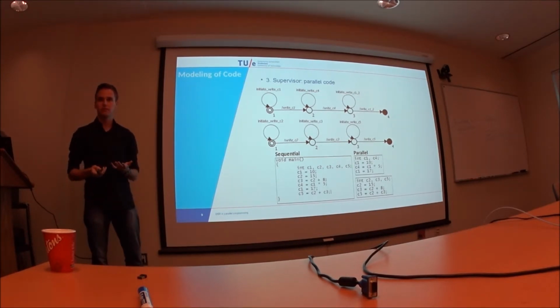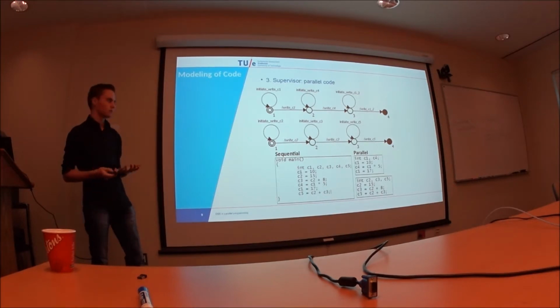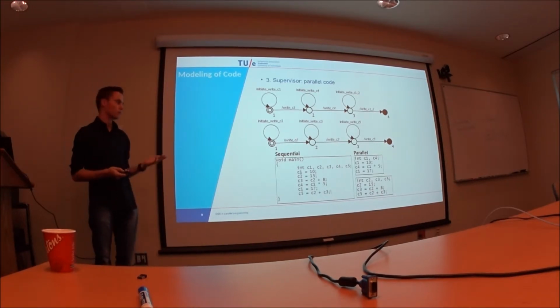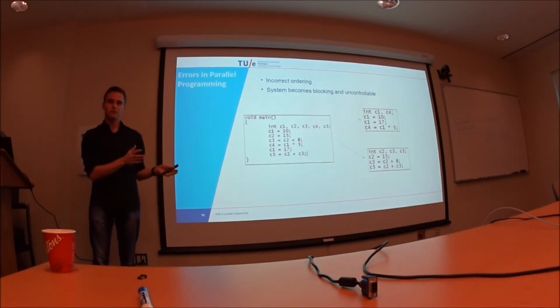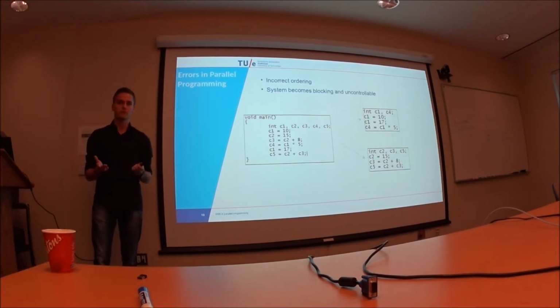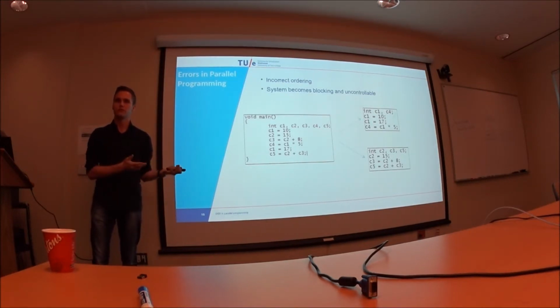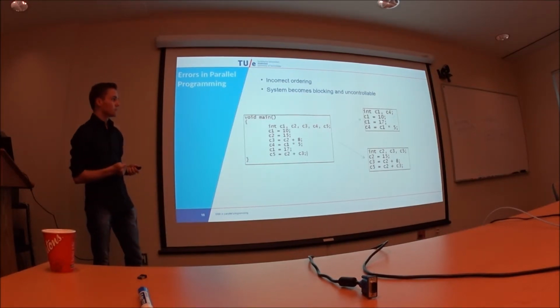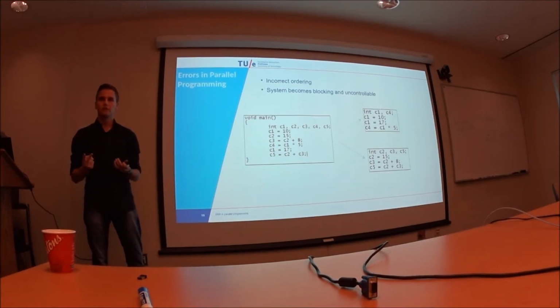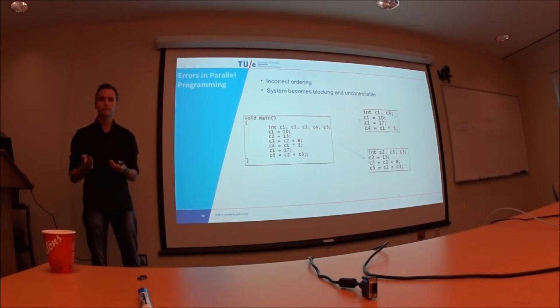Now we want to see if it actually works as intended, to find incorrect parallel models. To do this, we take all the models I just created and import them into a program called Despot, and Despot tells us the system properties, which I explained earlier: the non-blockingness and the controllability. There are at least two main ways to make an error in parallel programming.